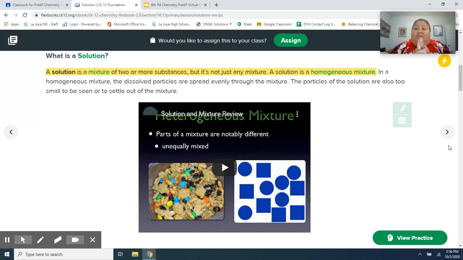Second off, they will never settle out. And what do we mean by settle out? They will never fall to the bottom and form a different phase or a different layer. Okay? That is just one special ability of homogeneous mixtures. Those particles, once they've been spread out, they will stay spread out.